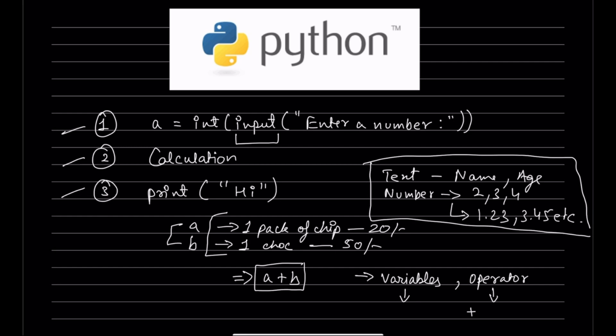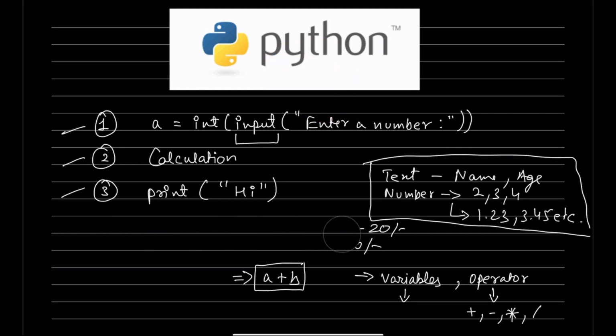So you have addition, you have subtraction, you have multiplication, which is symbolized by the asterisk sign. Then you have the division, that is shown by the forward slash sign. So these are the things you need to understand related to the calculation part.